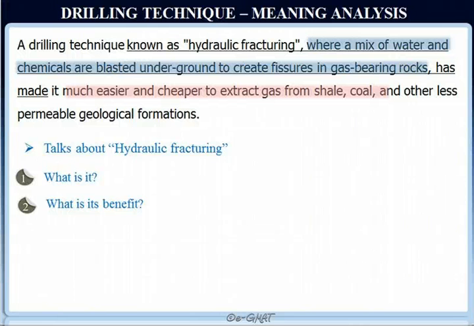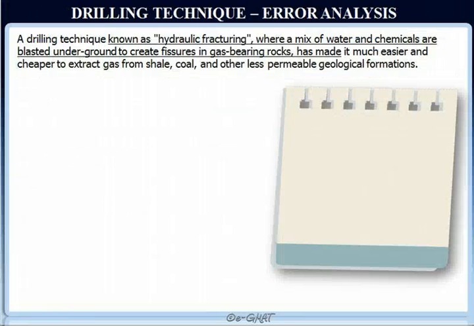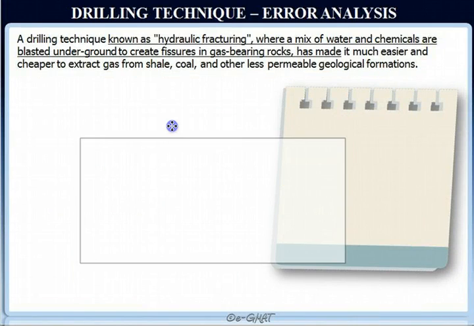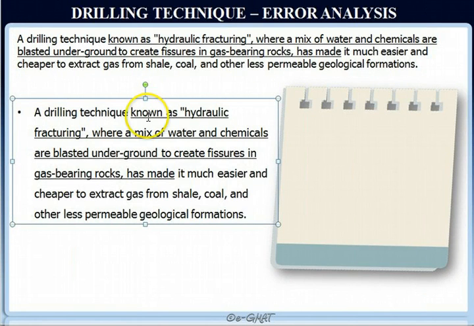Now we'll proceed on to the error analysis to find what are the errors in this sentence. So first we will look at the sentence and split it into its smaller clauses in order to simplify our analysis. So, a drilling technique known as hydraulic fracturing. Here, known is not a verb, it's a verb-ed modifier.